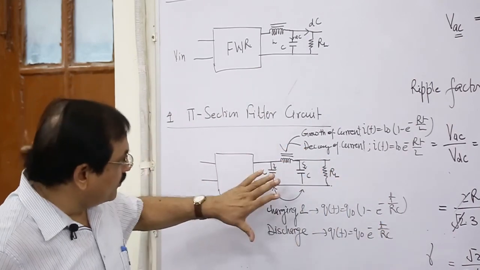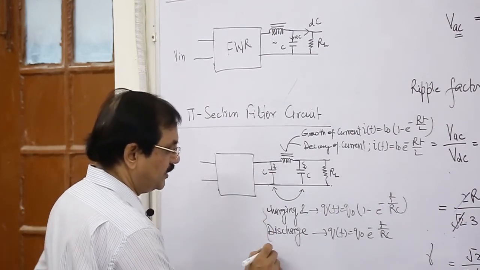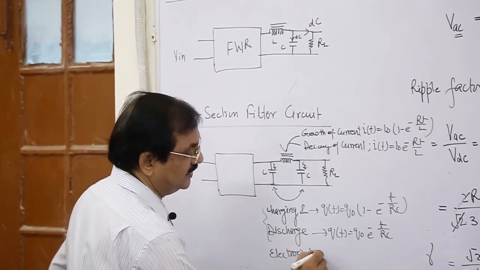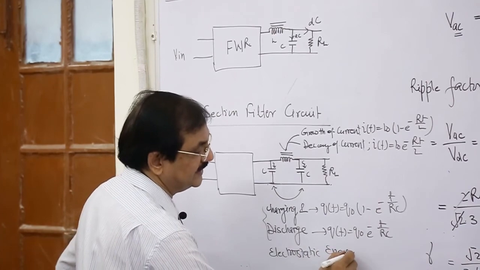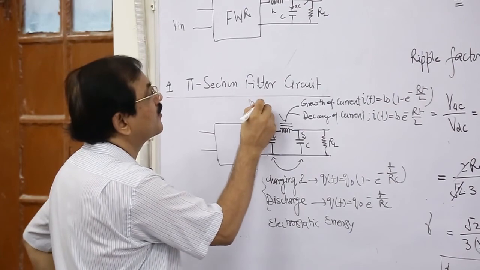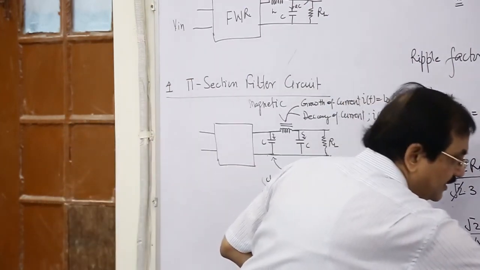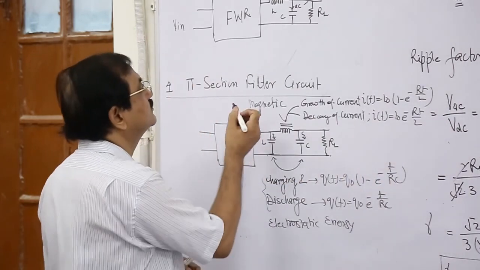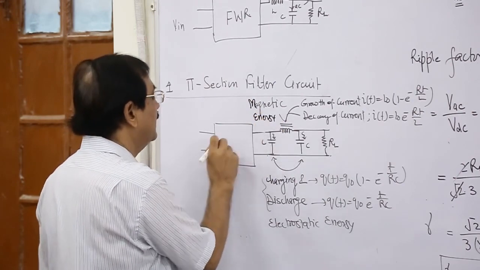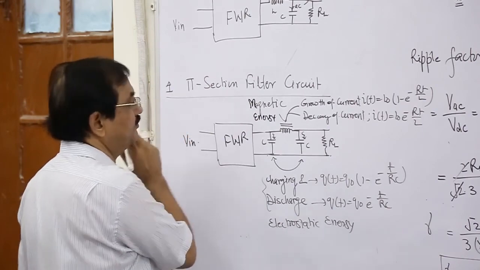So these two components provide electrostatic energy to the circuit, and this provides magnetic energy. This is FWR, and here it is V input.